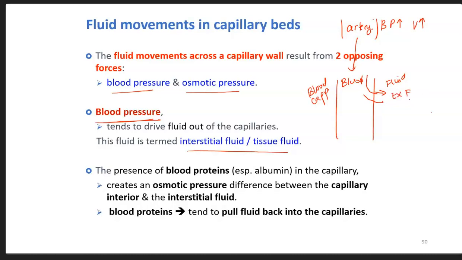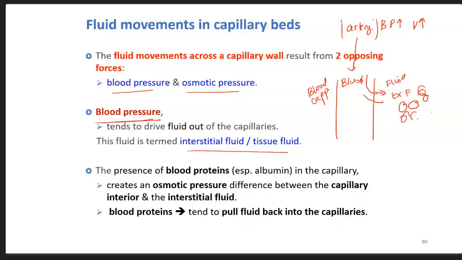So due to the high blood pressure, it causes the fluid in the blood to move out of the blood vessels and enter into the interstitial fluid surrounding body cells. You do not want an accumulation of this fluid in your tissue.